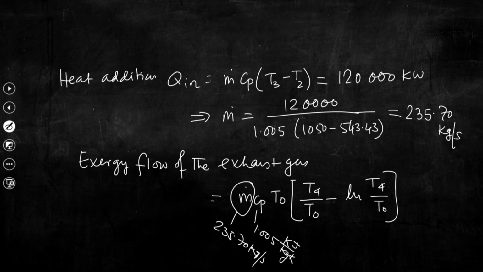T4 we have already calculated, 579.79, and T naught is the ambient temperature, 300 Kelvin. In this expression, this is the exergy flow of the exhaust gas, the amount of exergy released with the exhaust gas. I am sure you know this expression because you have studied it in the basic thermodynamics course. Knowing the mass flow rate, we can easily calculate this quantity.